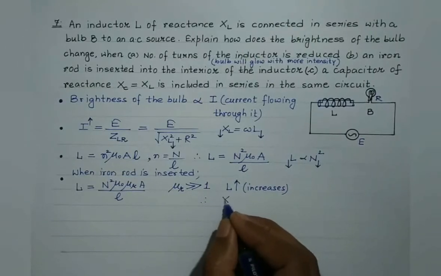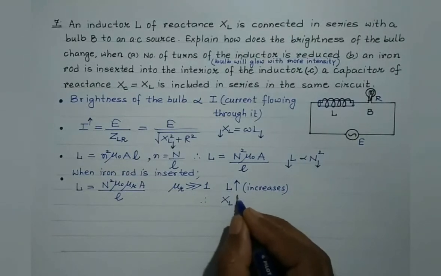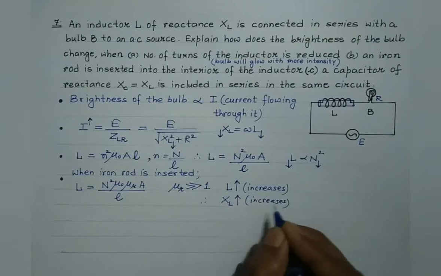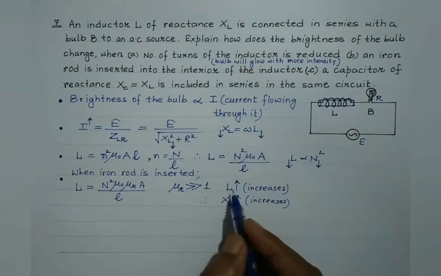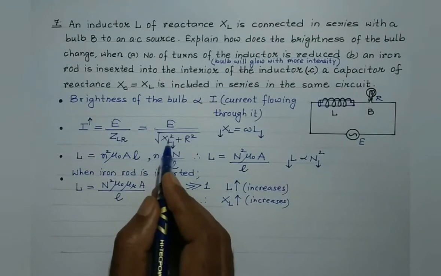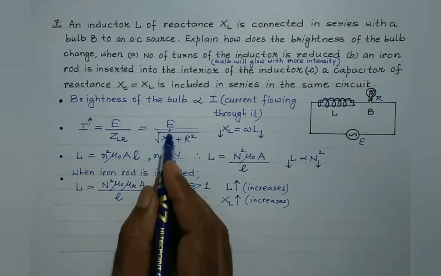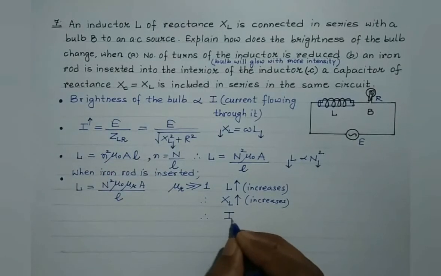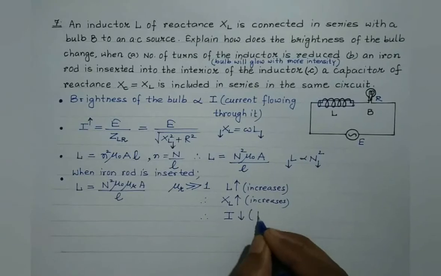Therefore, XL will also increase. XL is equal to omega L. So with the increase in the inductance, XL will increase. So when the inductive reactance increases, the current will decrease. Therefore, current decreases.